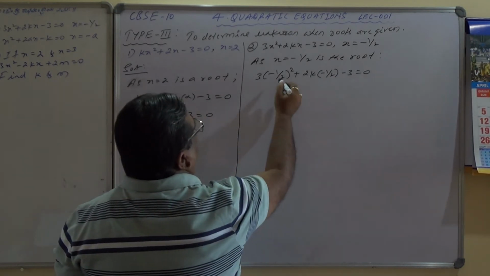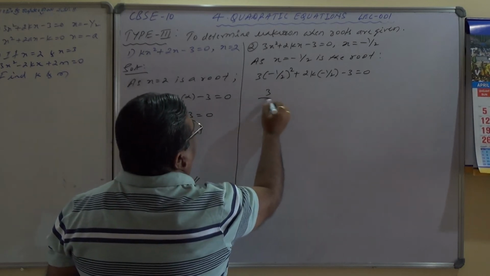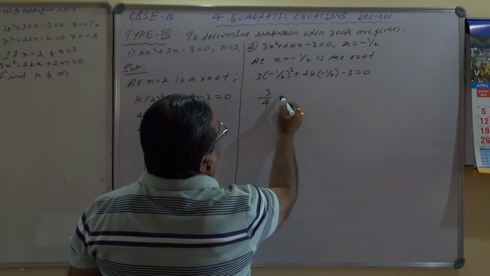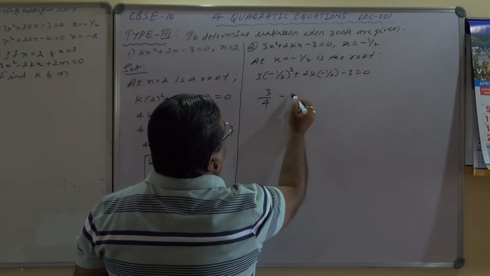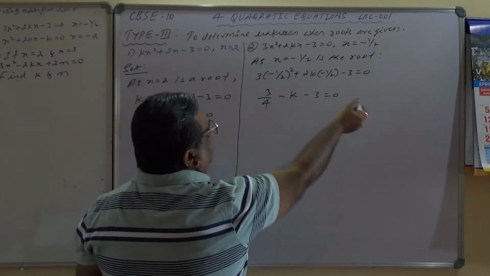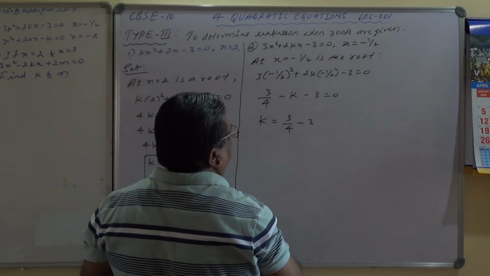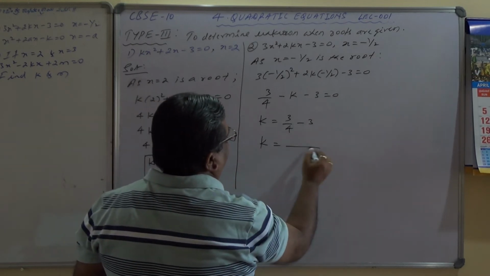So this will be, half square is 1 by 4, so 3 by 4, minus 2 cancels, k minus 3 equals 0, or minus k you take to the other side, k equals 3 by 4 minus 3.